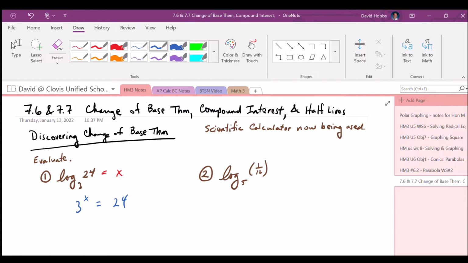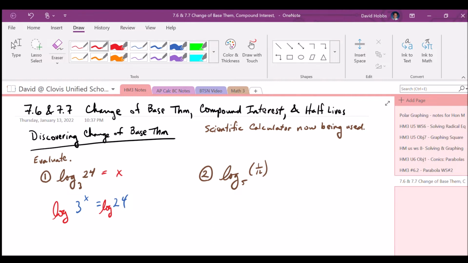Where's the unknown? The unknown is up in the exponent, which means that we might need logarithm to help us finish solving this problem. And so what we're going to do is take the log of both sides, but with a base that our calculator knows.